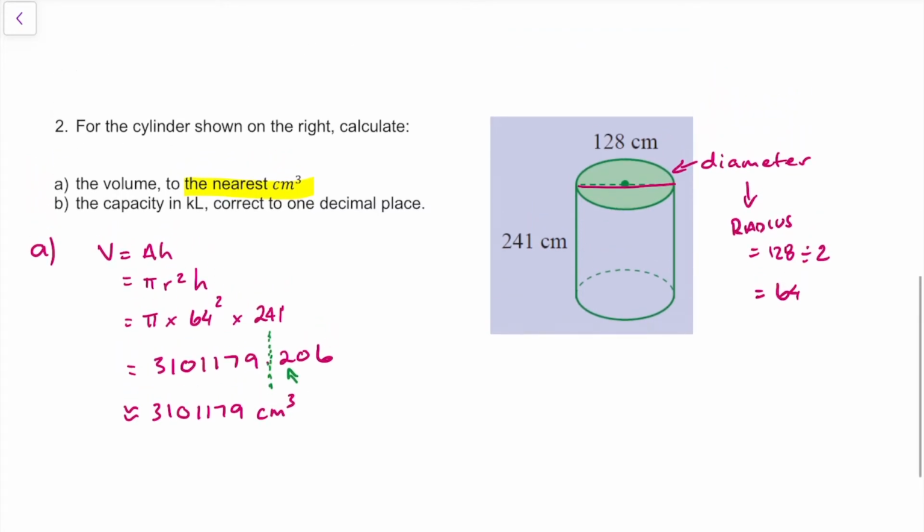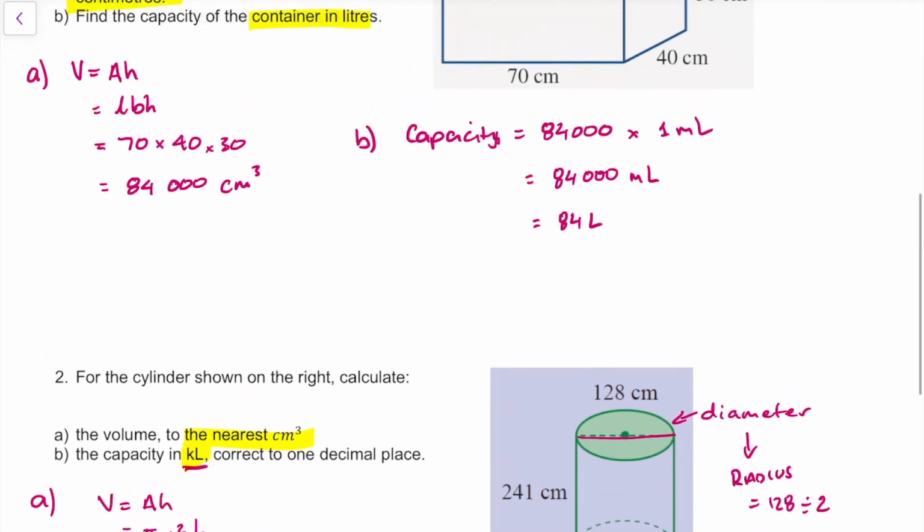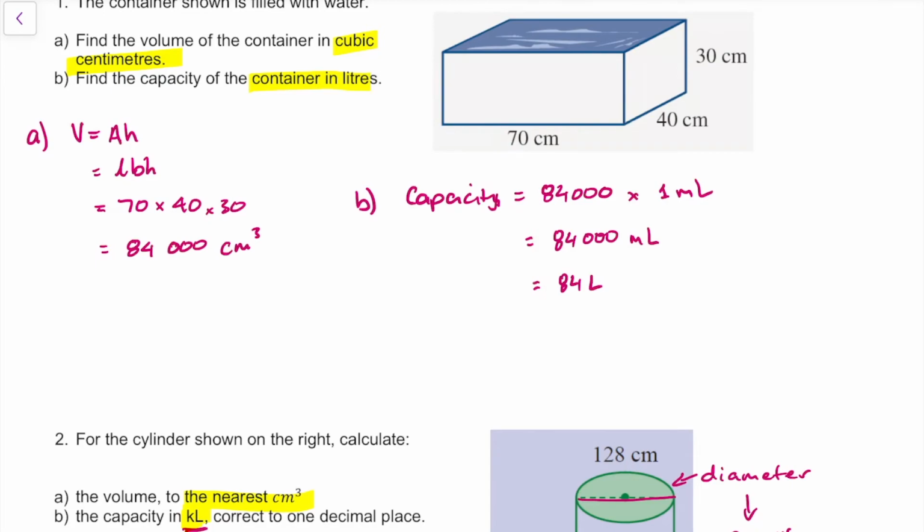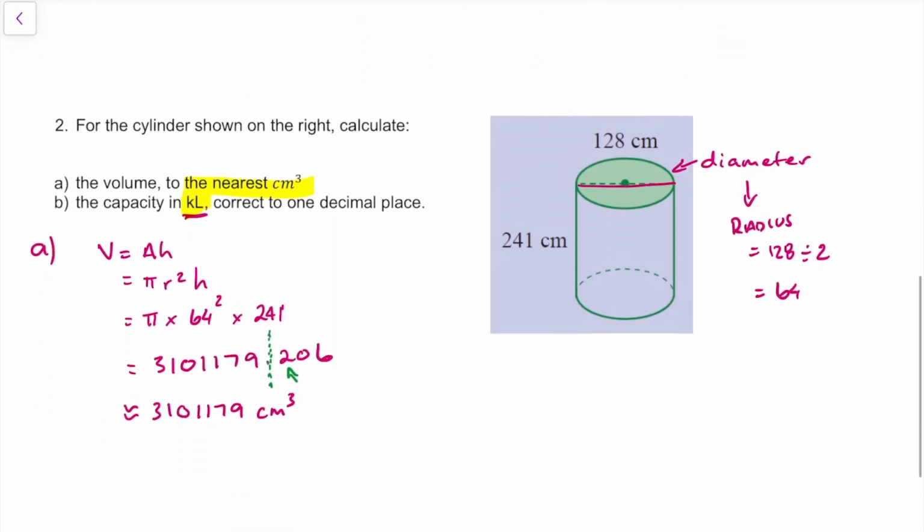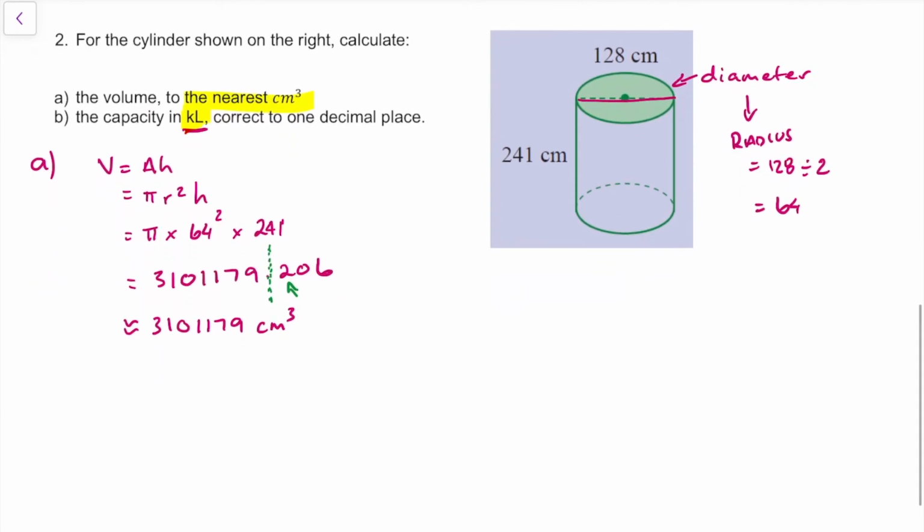So what we're being asked to do is find kiloliters. Okay, we want kiloliters. So we're going to do the same thing that we did up here for this question, and we're going to go through that process. So for B, we want capacity.